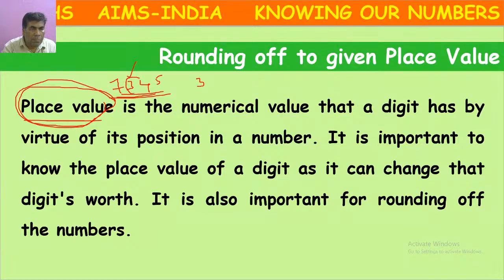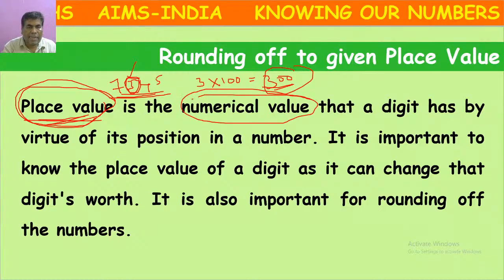According to that position, as it is in the hundreds place, we have to multiply with 100. Its place value is 300. Here place value, like 300, is a numerical value that a digit has by virtue of its position.